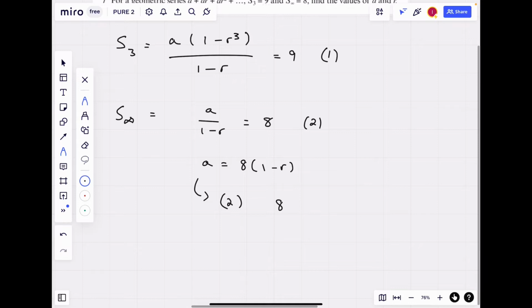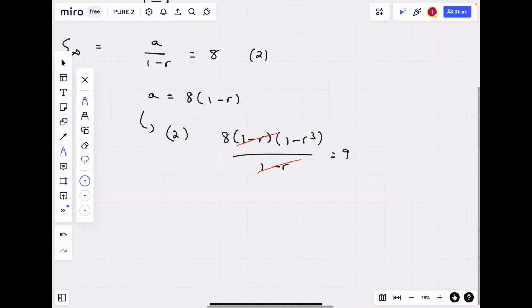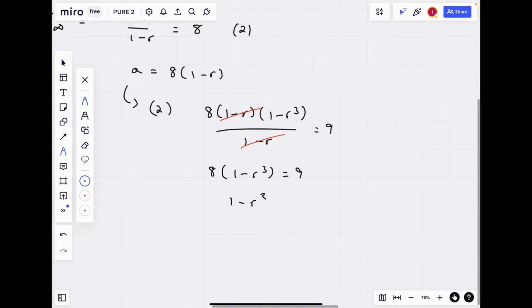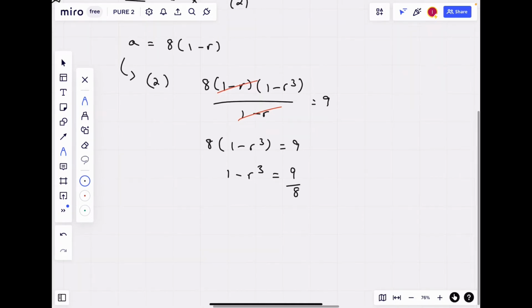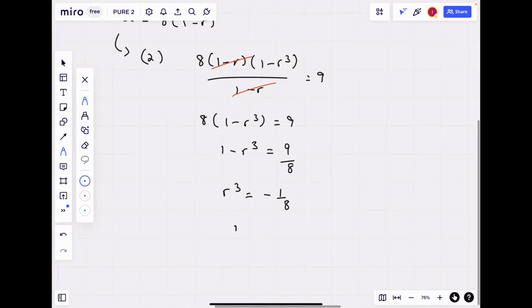So it becomes 8 bracket 1 minus r cubed all over 1 minus r equals 9. These 1 minus r's cancel out, so you're left with this, which means 1 minus r cubed is equal to 9 over 8, which means r cubed is equal to minus 1 over 8, so r is minus a half.